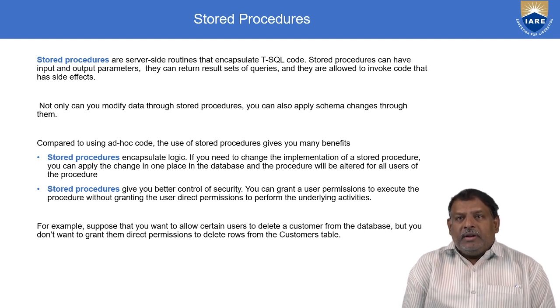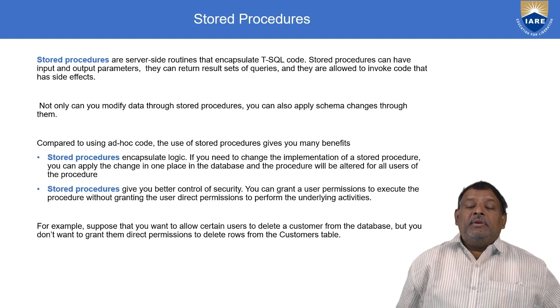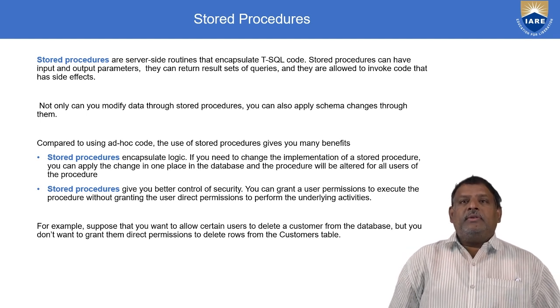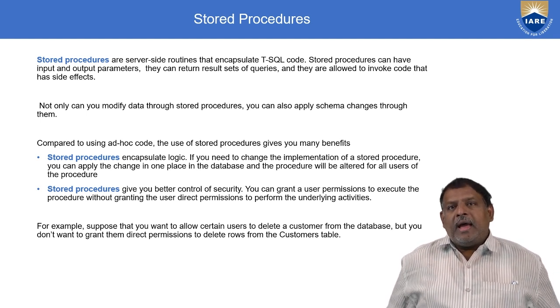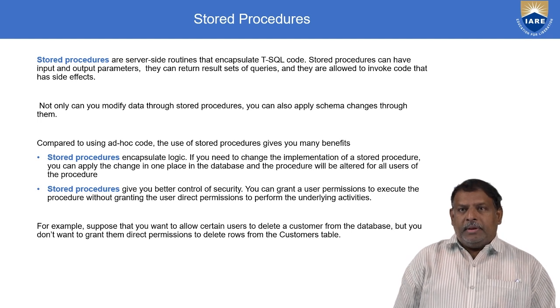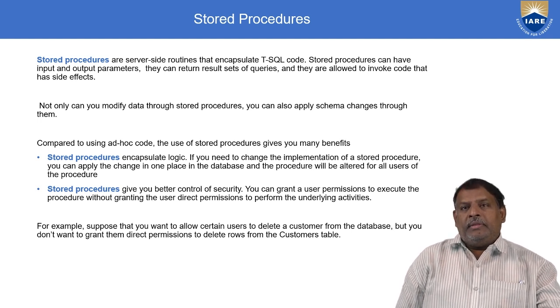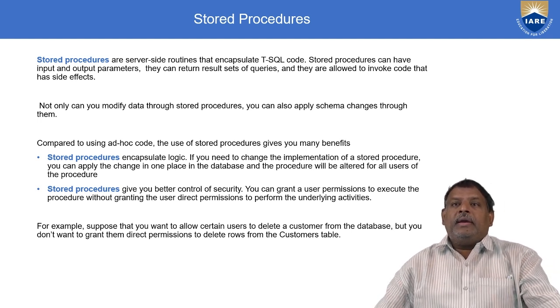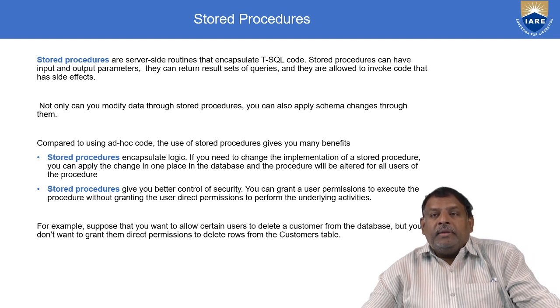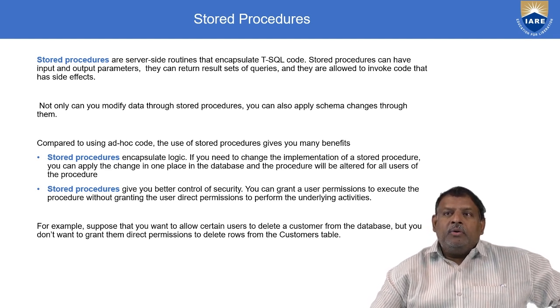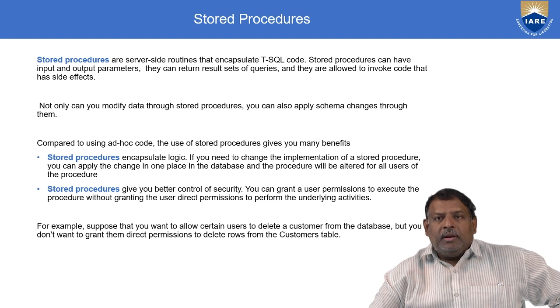Like functions, stored procedures are server-side routines that encapsulate SQL code, and they can have input and output parameters. They can return the result sets of queries, and they're allowed to invoke code that has side effects.